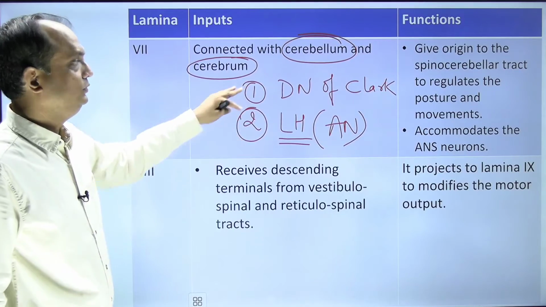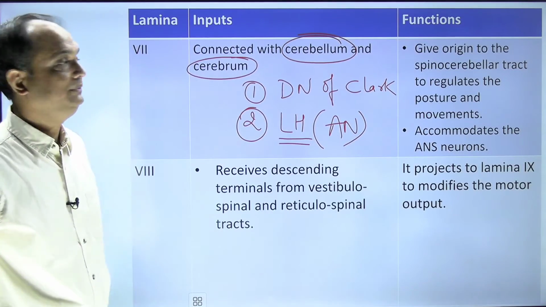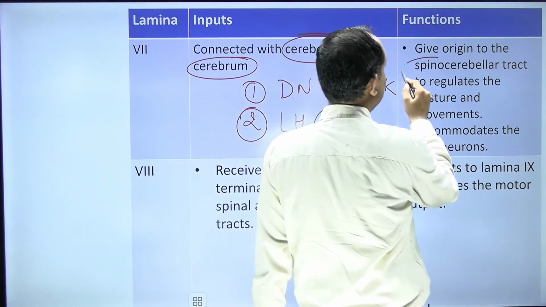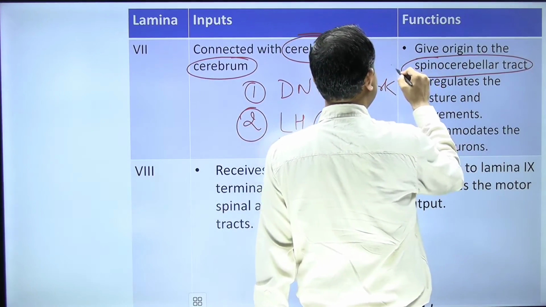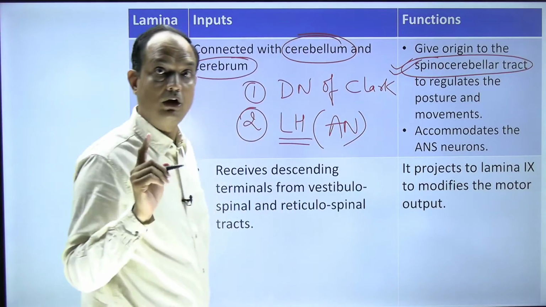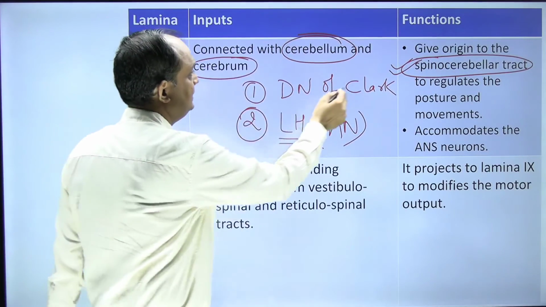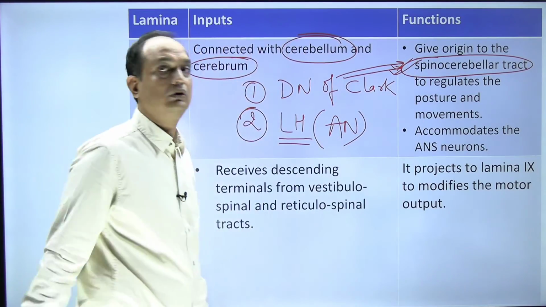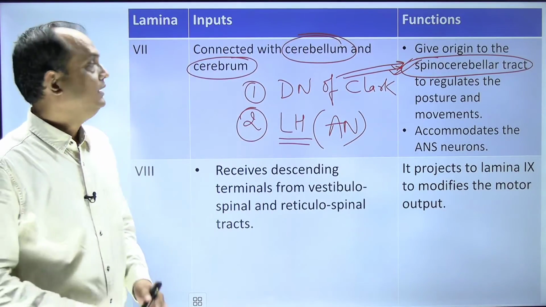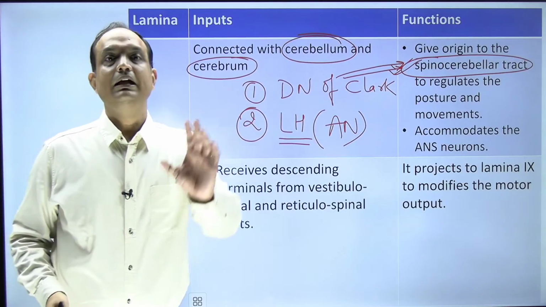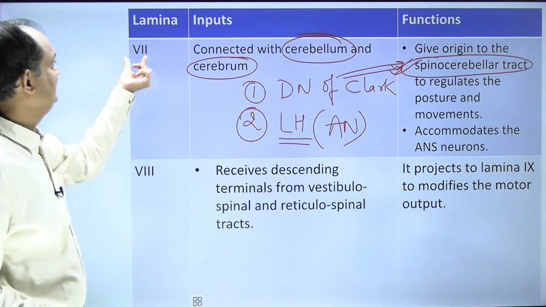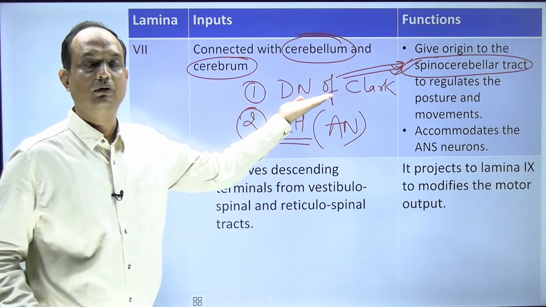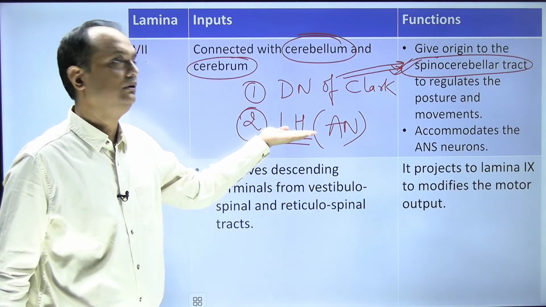So these two nuclear groups which are present in Rexed lamina 7 are important to give rise to the spinocerebellar tract. Now this spinocerebellar tract is not arising from both the nuclei. This spinocerebellar tract arises from the Clark's column or dorsal nucleus of Clark. What I mean to say? I mean to say that the Rexed lamina 7 is having two sets of nuclei: nuclei of the Clark column and lateral horn nuclei.